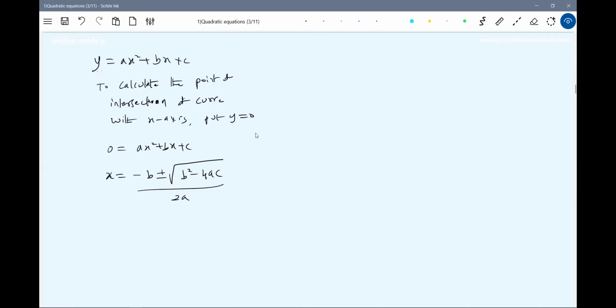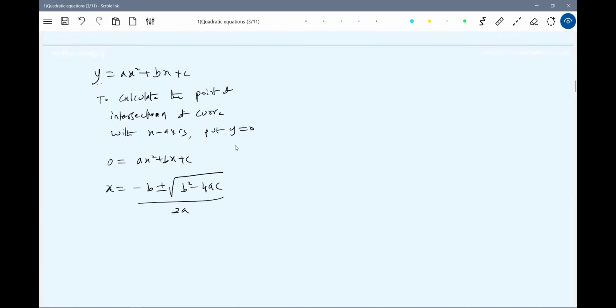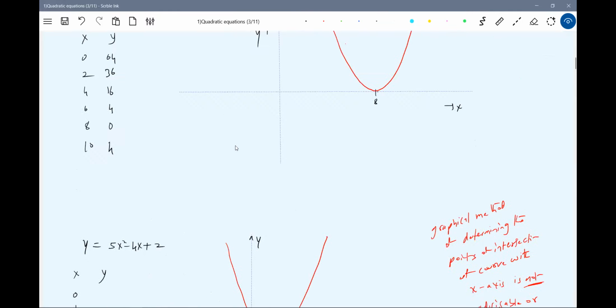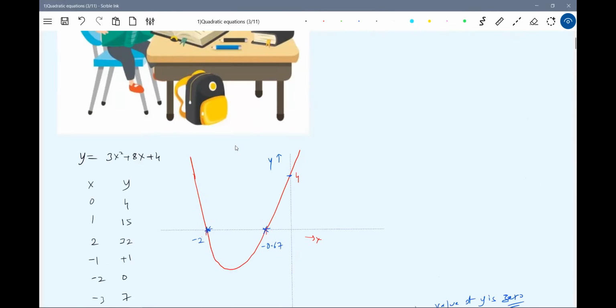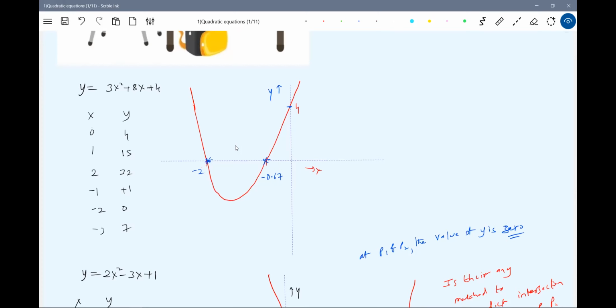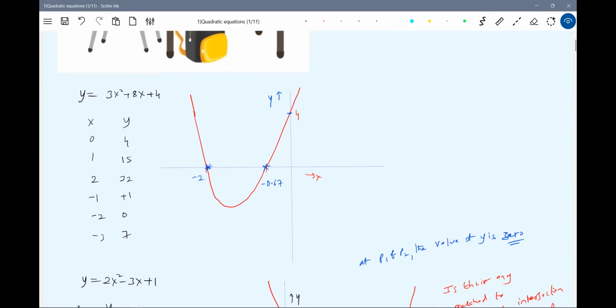I'll go back to the same formula, we are going to take help of this one. Already we have a lot of graphical information here. Y is equal to 3x square plus 8x plus 4, so I'll put it equal to 0.